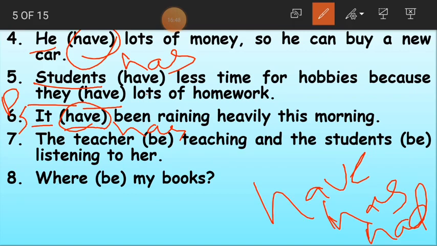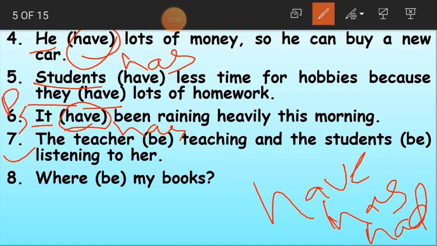The teacher dash teaching and the students be listening to her. The teacher be teaching and the students be listening to her. What we have to do here is first identify the sentence. In which tense is the sentence? The teacher teaching, listening. In the sense it's going on right now. I am teaching you.